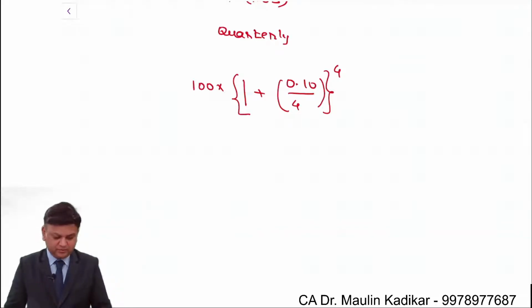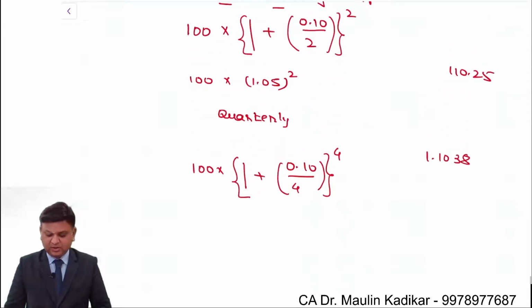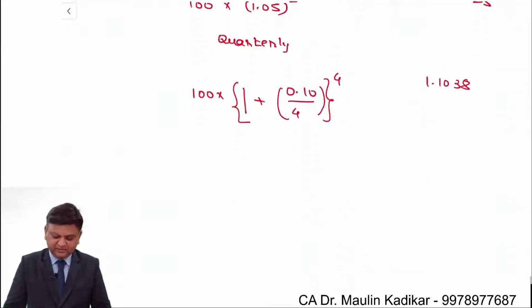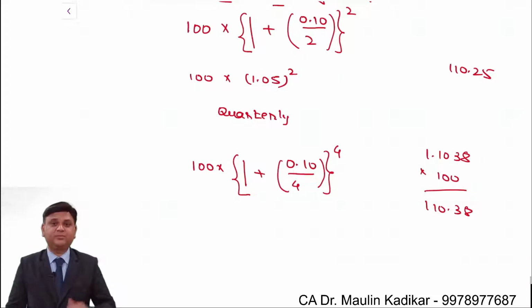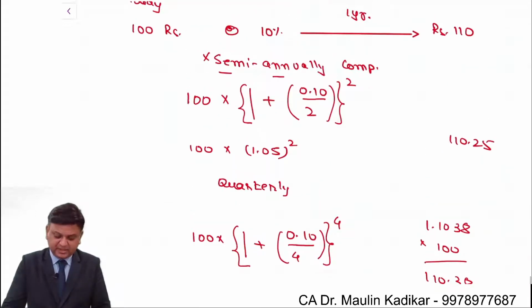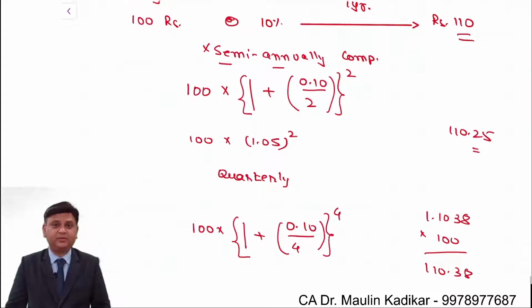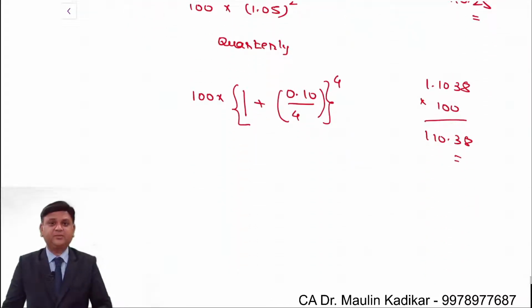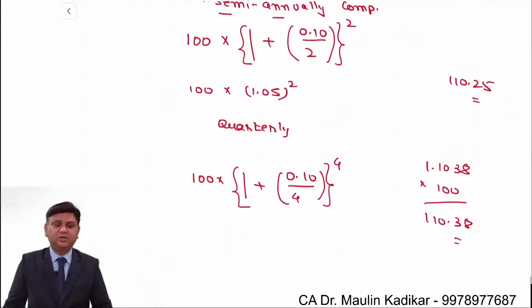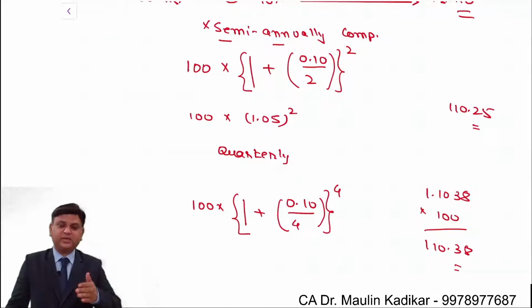In that case, it is 1.1038. So whenever there is an increase in the frequency of the compounding, the maturity amount of the deposit will marginally increase. You can see that from 110 it increases to 110.25, 110.38 and so on. So if it is quarterly, the maturity is yet more.